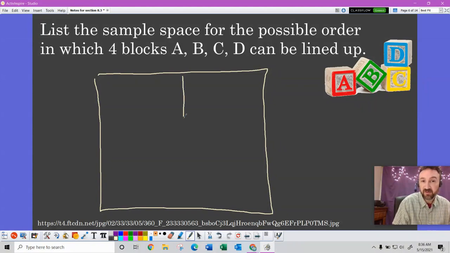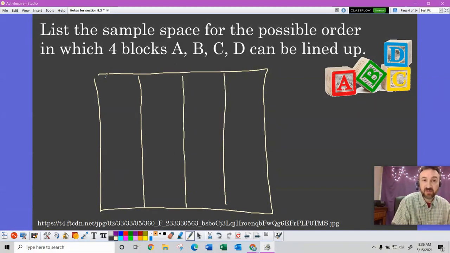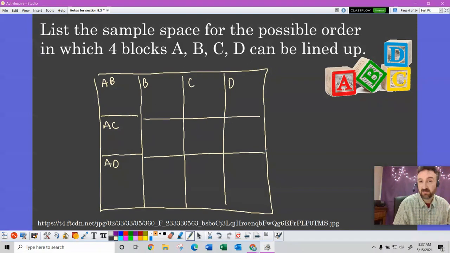So I'm going to cut this area model into some chunks. I've got 4 same size chunks, and I'm going to label them A, B, C, and D. And then within the space for block A, I know that the second block that I draw could be B or C or D. So I can make that list, A B, A C, or A D. And then likewise, I could do the same thing in the other spaces.